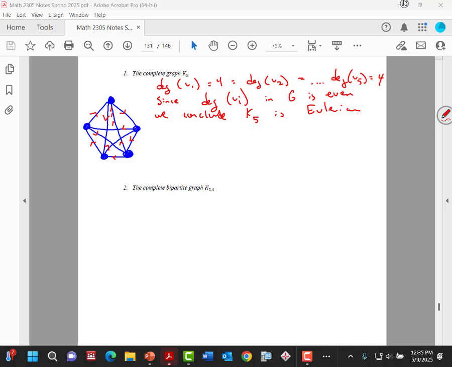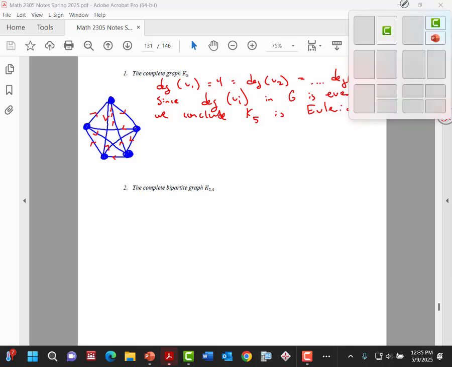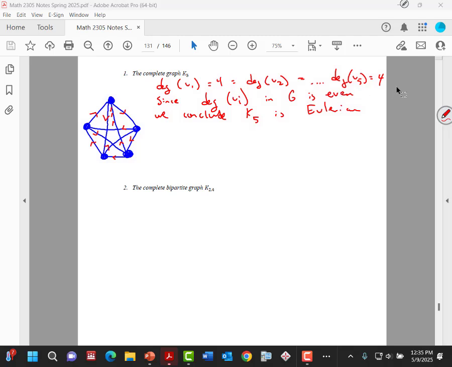Okay, what about the complete bipartite graph K2,4? What would K2,4 look like? I'm going to draw a rough sketch of K2,4. So K2,4, 2 vertices in the U set and 4 in the V set.